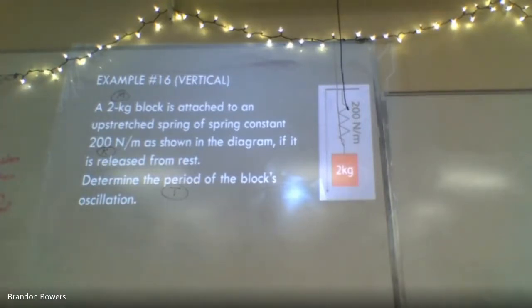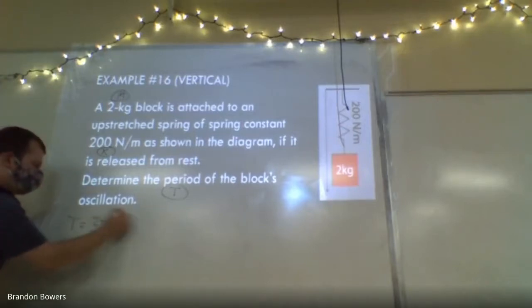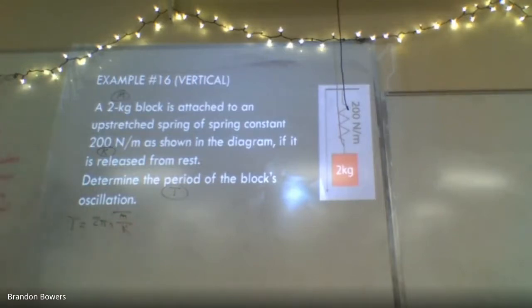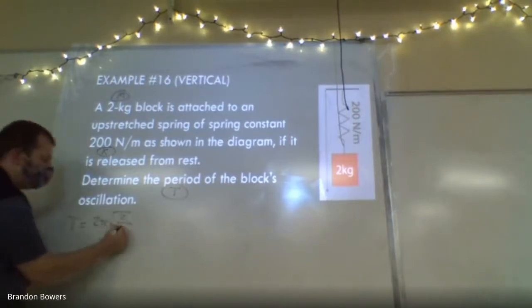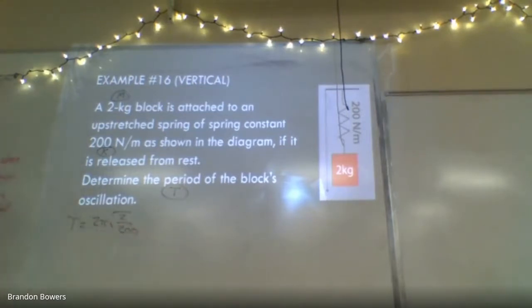This one is kind of straightforward, hopefully. What equation am I going to use that has M, K, and T? T equals 2 pi square root of M over K. Hopefully you guys are starting to get that one down. So M is 2, K is 200. 0.6.